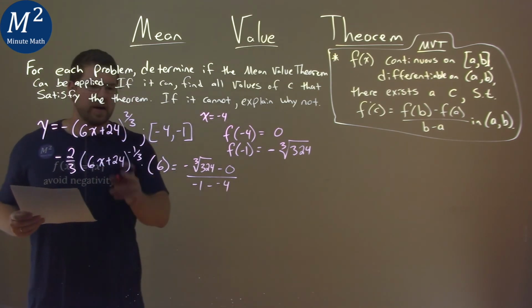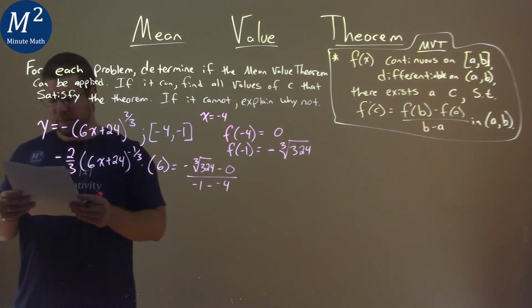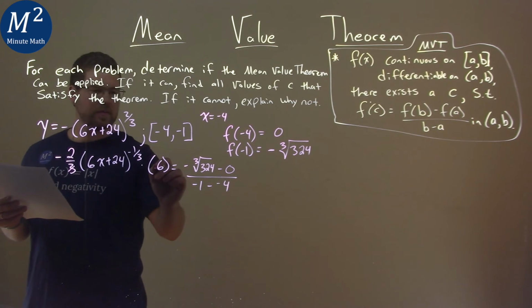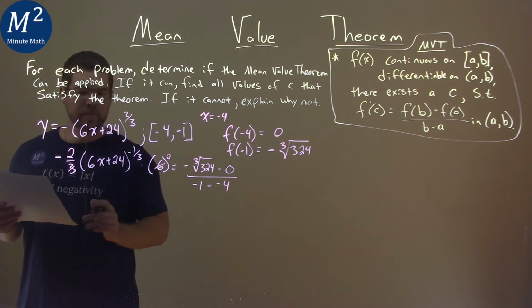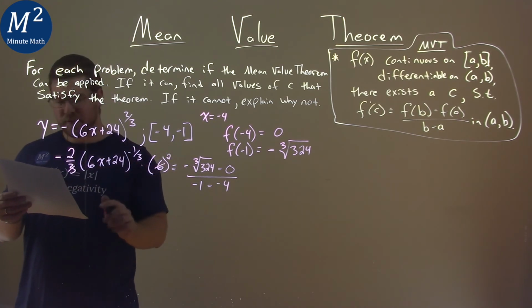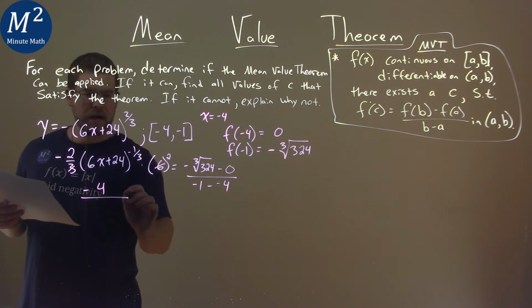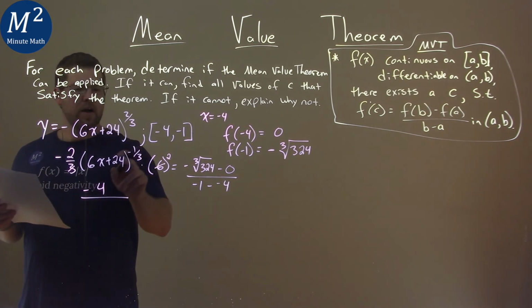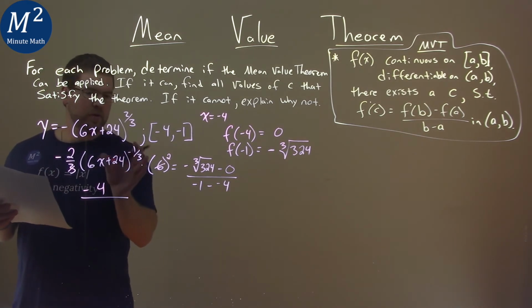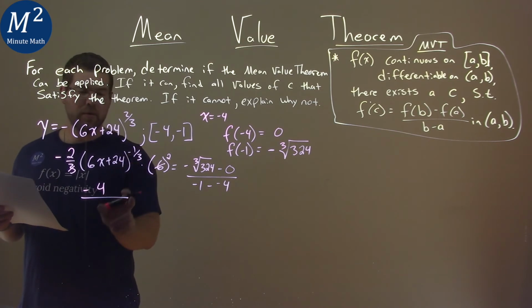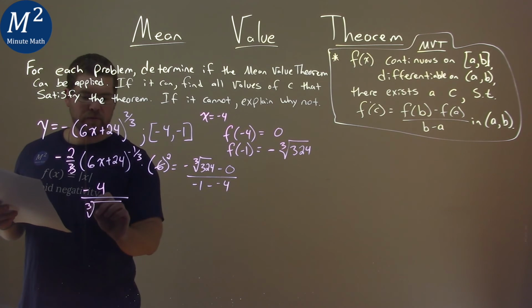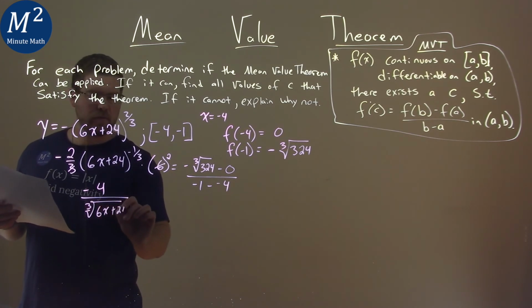So let's go simplify this left-hand side here. Okay, the 3 and the 6 cancel out, and that becomes a 2. Negative 2 times 2 is a negative 4. Now our denominator here, we have that 6x plus 24 goes down. We have a positive 1/3 power now, which is the same as the third root. So we have the third root of 6x plus 24.